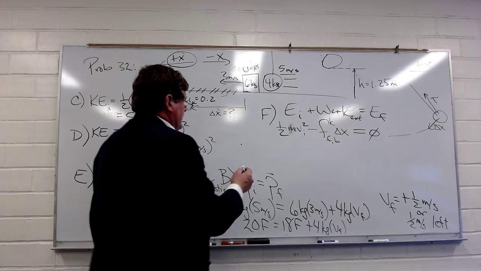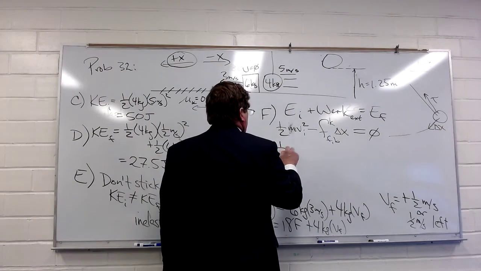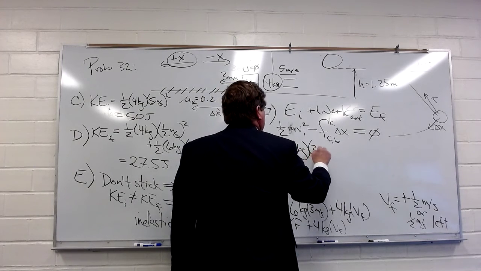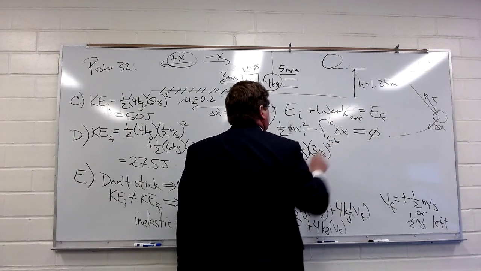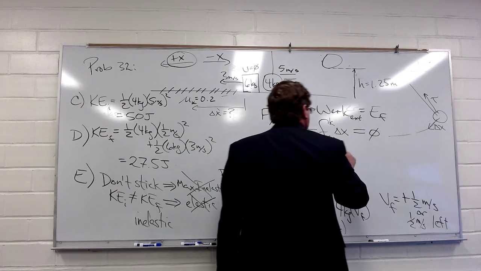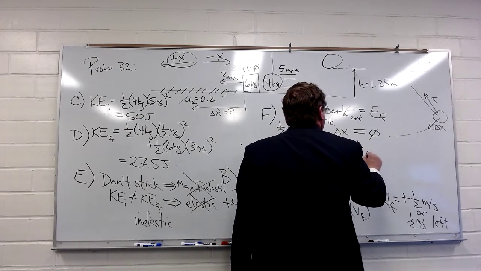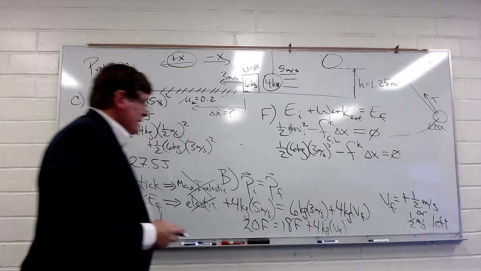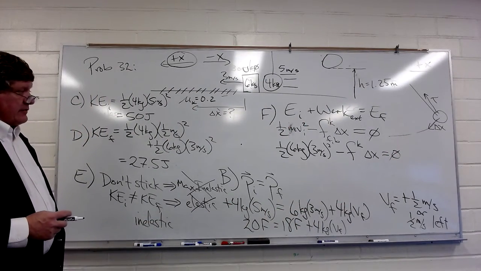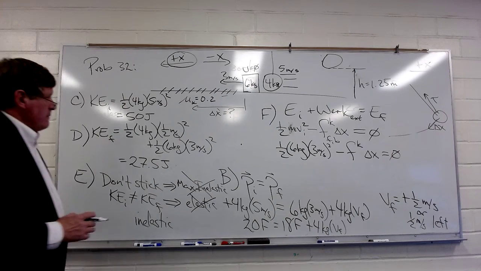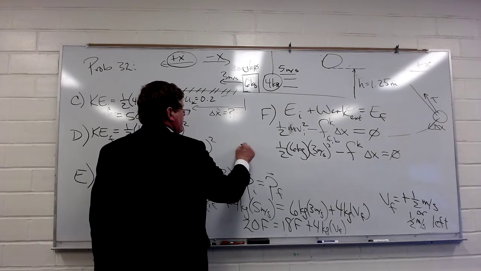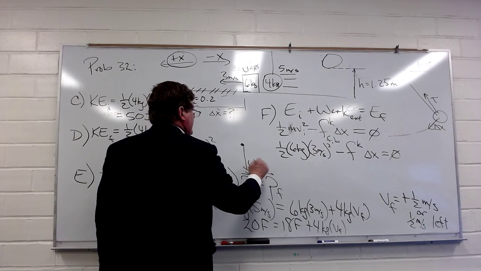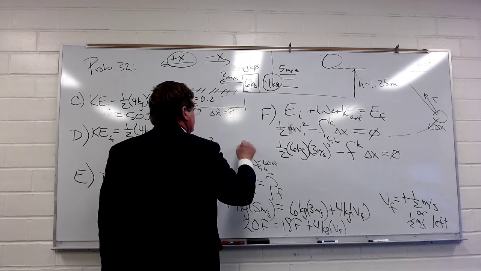So if I plug in, I get 1/2 times 6 kilograms times 3 meters per second squared minus this friction force times delta x is equal to 0. So if I knew that friction force, I could solve for the distance. Anytime I'm looking for a force, I draw a free body diagram. The weight force on that block is going to be 60 newtons.